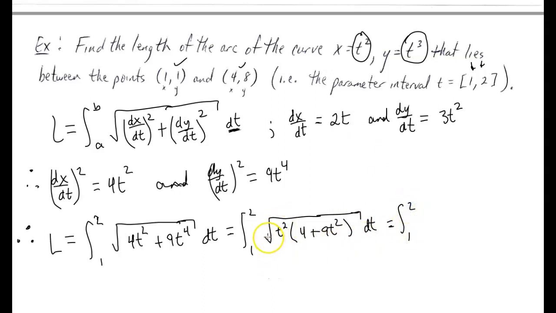If we separate this, we get the square root of t squared times the square root of 4 plus 9t squared, and all of that dt.